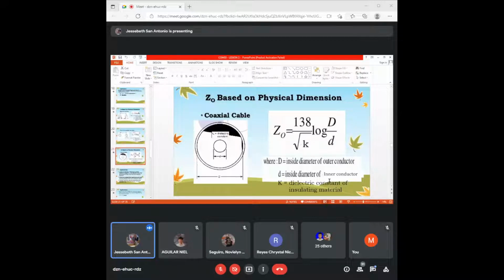No? Now, capital D, ano yung capital D? Inside diameter of the outer conductor. Ibig sabihin, outer conductor yan, may inner conductor. So, mula dito hanggang doon diameter of the outer conductor. Ayan. Is the diameter, yes, inner conductor, and that would be line.